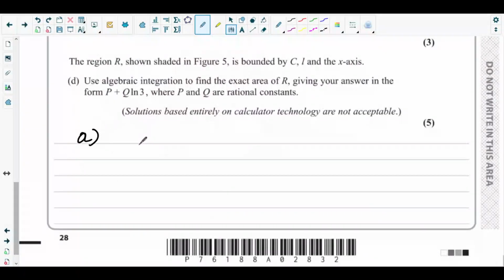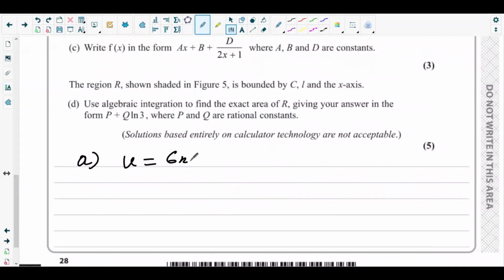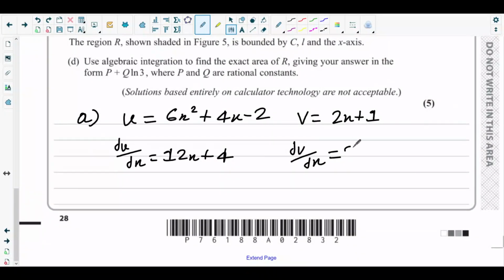We consider the numerator, 6x squared plus 4x minus 2, as u, and v as twice of x plus 1, the denominator. Now differentiate them simultaneously. You will get du over dx equals 12x plus 4, and dv over dx would be just 2.